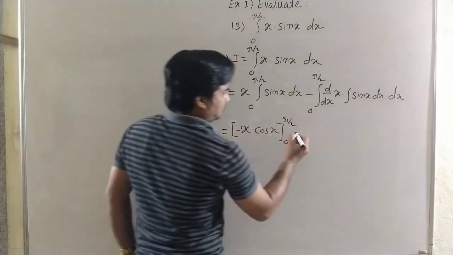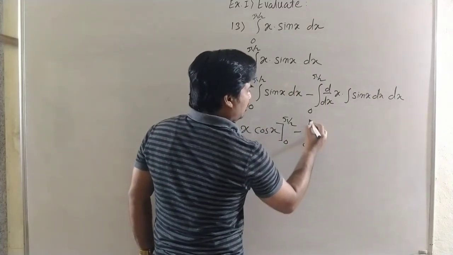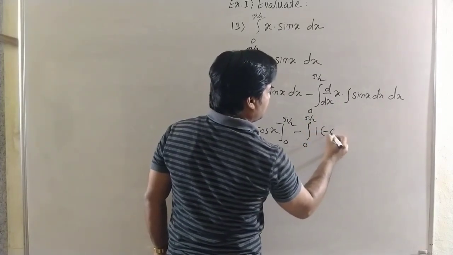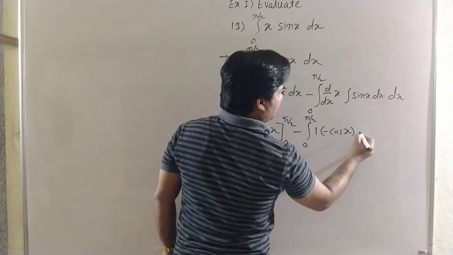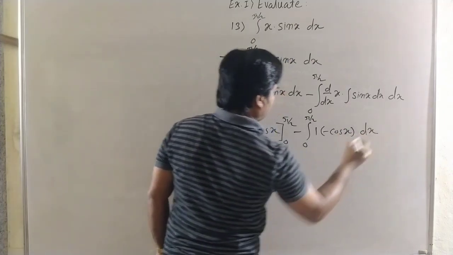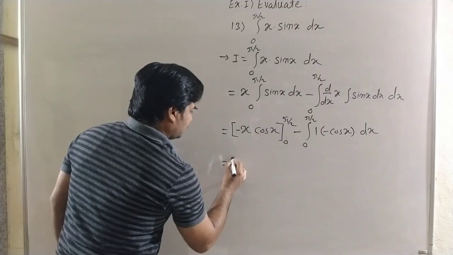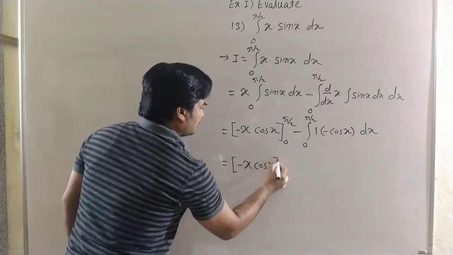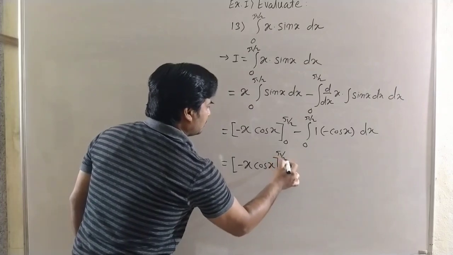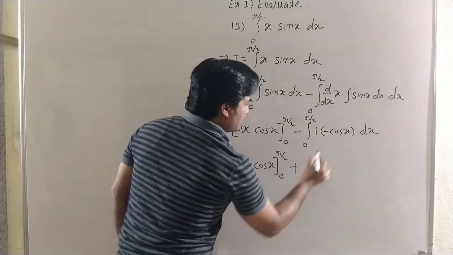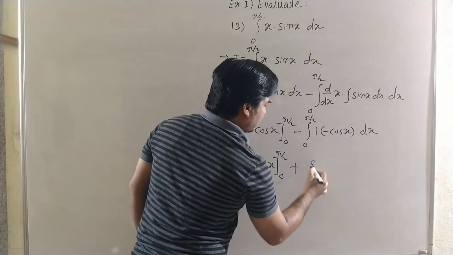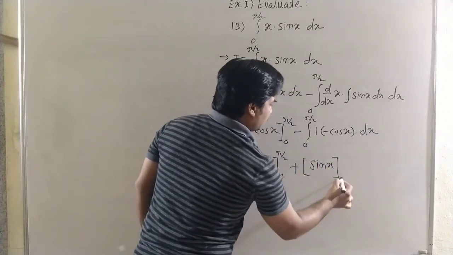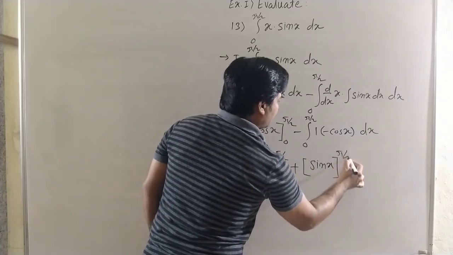Here, do not write the limit; directly find the integral, and after that you can write the limit. Okay, then minus integral of 0 to π/2, derivative, it is 1, it is minus cos x dx. Okay, and then minus x cos x, limit 0 to π/2, minus minus plus, and integral of cos x, it is sin x, and limit 0 to π/2.